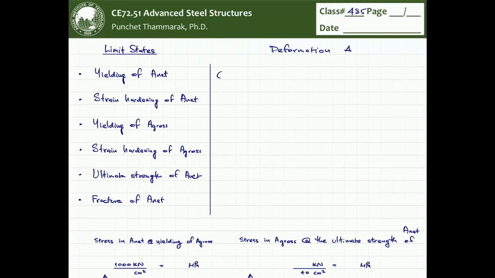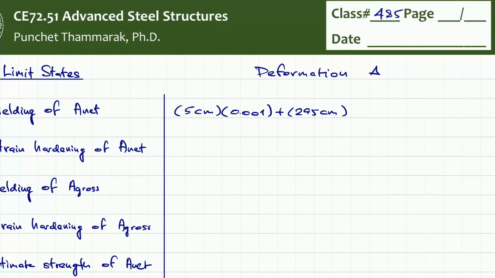There are two rows of M25, so that makes 50 millimeters, so 5 centimeters multiplied by the yielding, which is 0.001, add up with 295 centimeters, which is subjected to the strain values to be determined, 0.001 multiplied by 75 divided by 100.